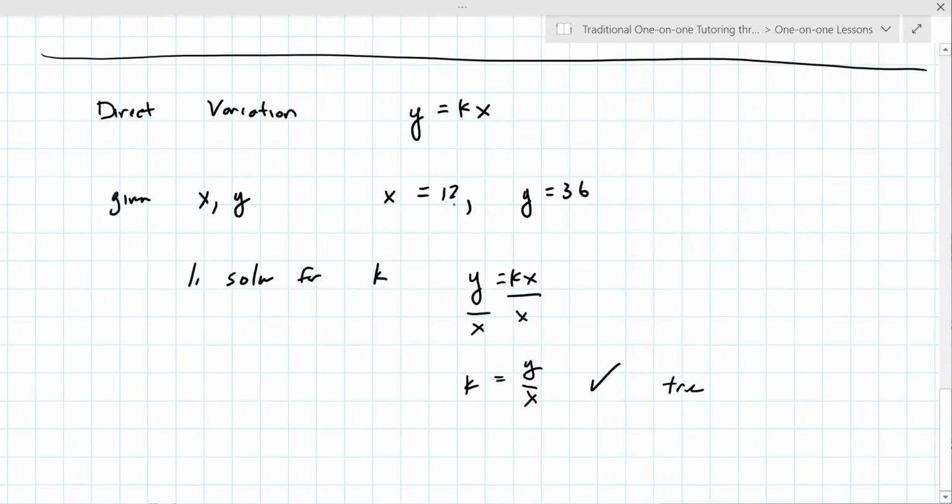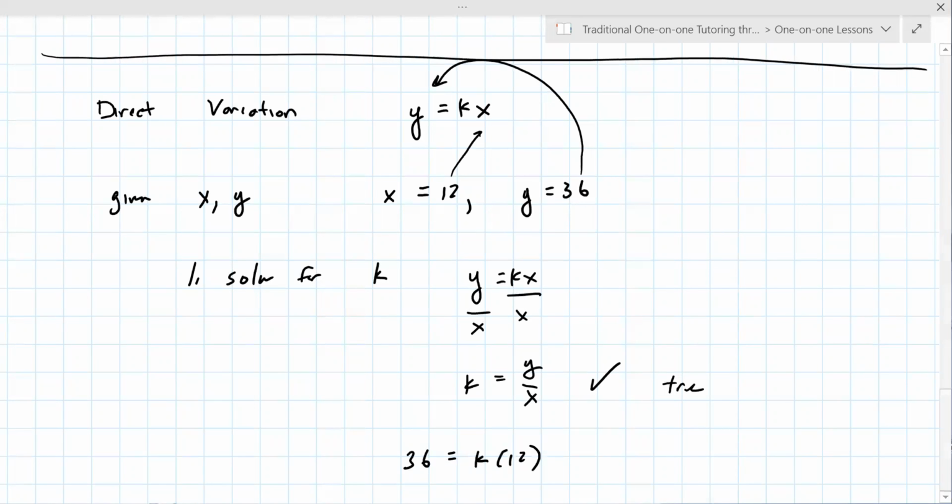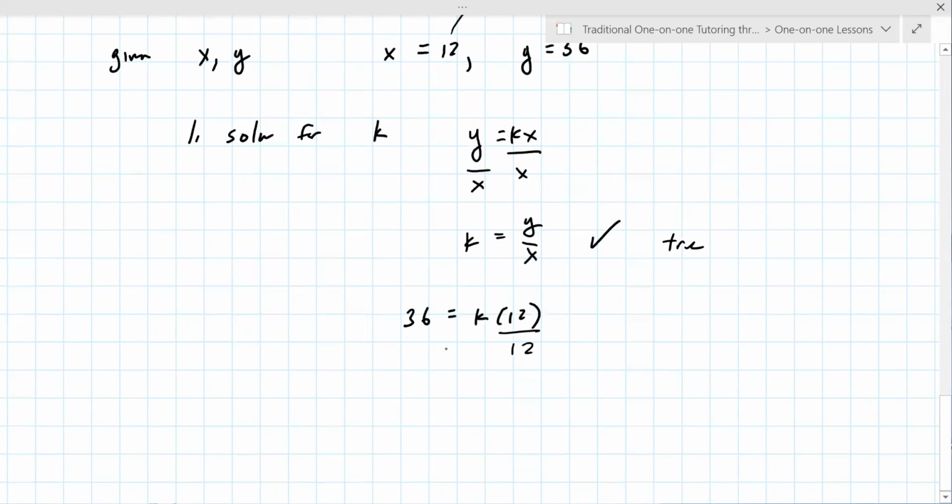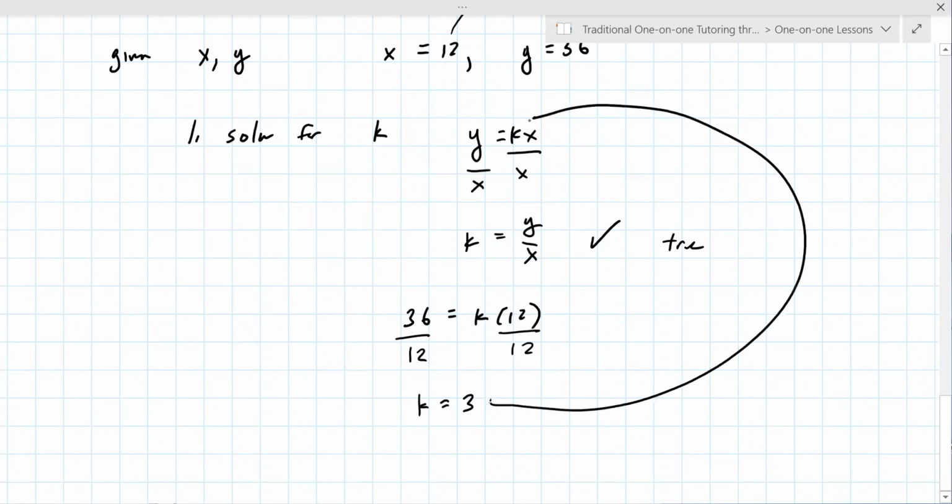But what most students do is they actually substitute the numbers in first. So when you solve for k, they're putting in 36 for y and 12 for x. And then you're solving for k by doing the same thing, but this time there are numbers around. So do you remember doing that in class at some point? Yeah. Okay. So then this value goes back into the original.